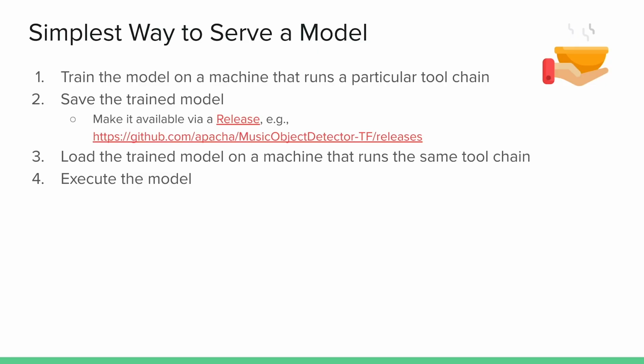And now if someone comes across your project, what they would do in return is they take your trained model that was trained on a particular machine, and then they have to recreate that environment, the same tool chain, or at least compatible tool chain and versions of the software that you've used. And then they can execute the model and properly run inference.